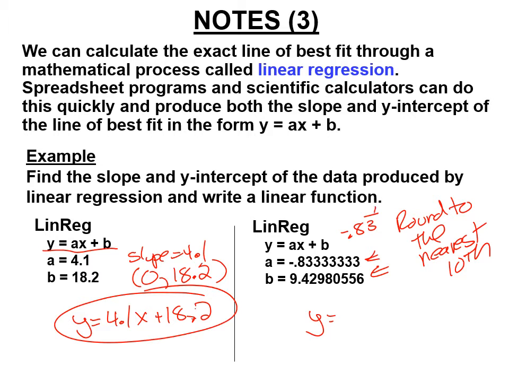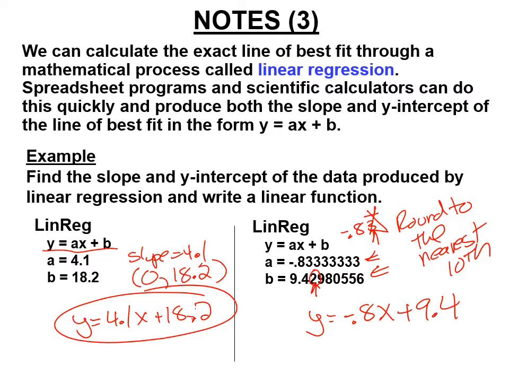All right, so we're going to look at the hundredths place, realize it's a 3, and we're going to go negative 0.8, right? If it was 0.5 repeating, we'd go up to 0.9, or we go to negative 0.9. So negative 0.8x plus, and again, we're going to round to the nearest tenth. So we look at the hundredths place. It's a 2, so we're going to stay there, plus 9.4.